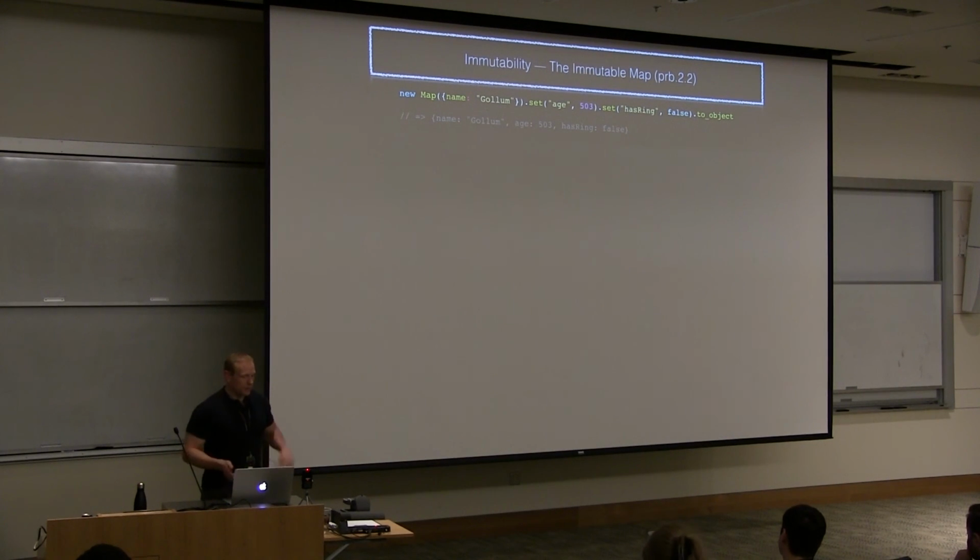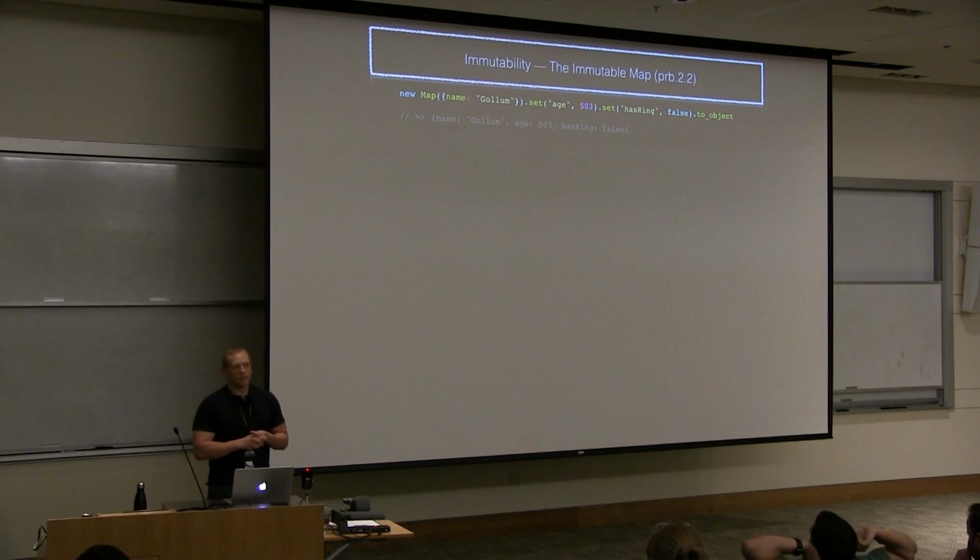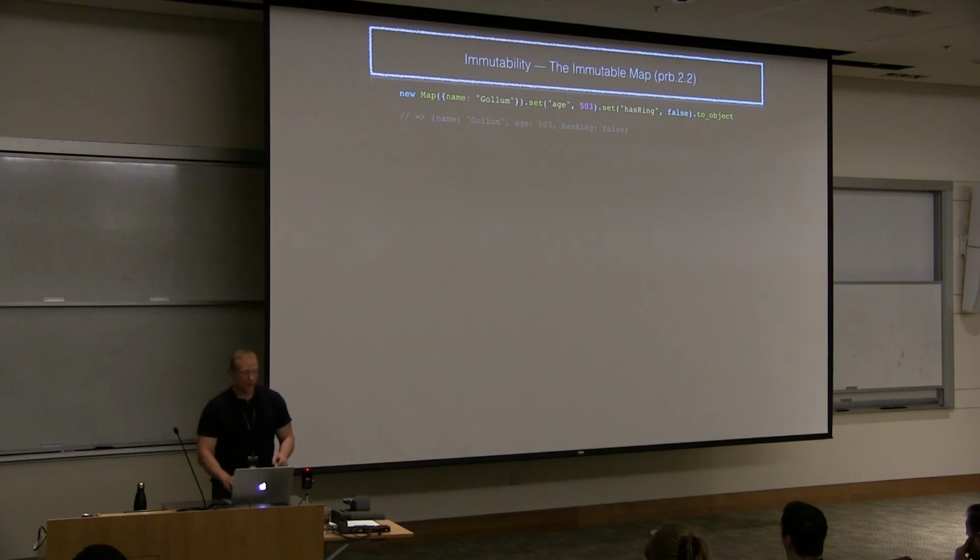We can create a map. We can set a name, we can set an age, we can set a hair color value. We can call toObject, and what do we have? A pure value from pure functions. Now this class suffers from the same problem as the last one. It's actually not a pure class, but the methods give us exactly what we want.